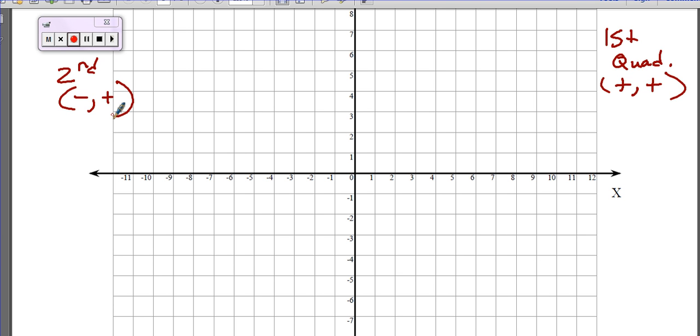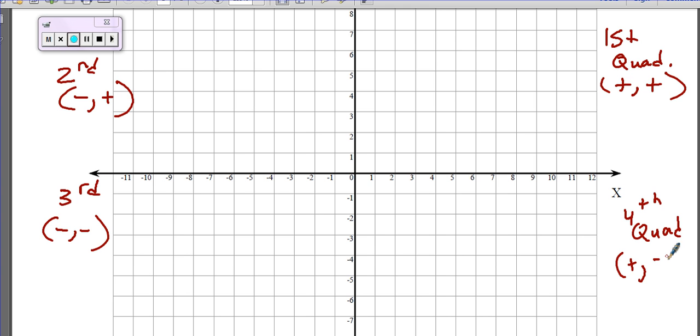That's always negative, positive. The x is always negative. The y is always positive. This is the third quadrant down here. These are always both negative. X is negative and so is y. And this last one is the fourth quadrant, where the x is positive and the y is negative. Easy enough?